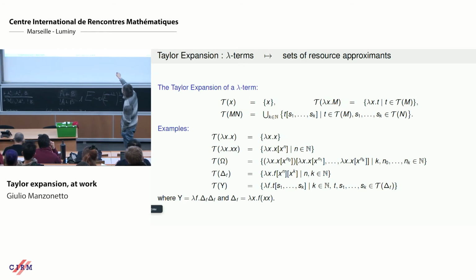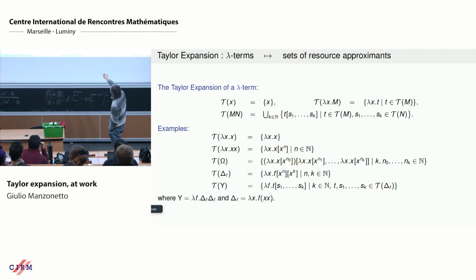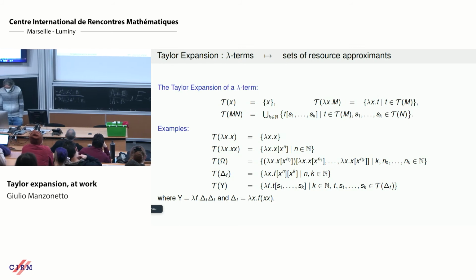If it is an application, it will be an application of things. And basically here we need to specify how many times we take the argument every time we find an application. Also remark that already computing the Taylor expansion of the fixed point combinator is very messy.